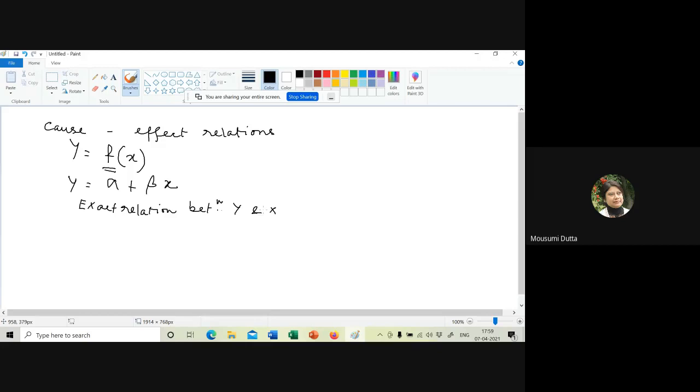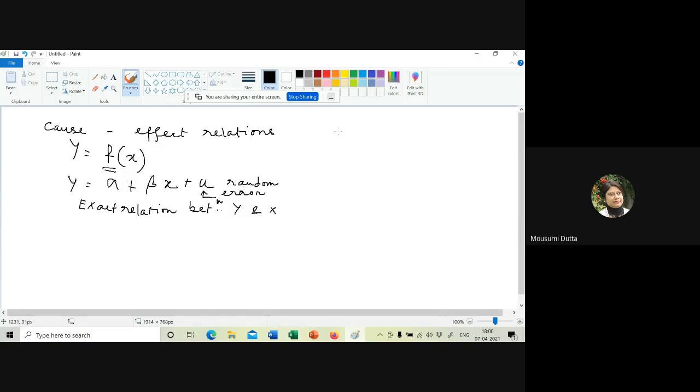However, when you consider the database, you will find that the relationship is not exact, rather random, because there is some possibility of error occurring in the analysis.